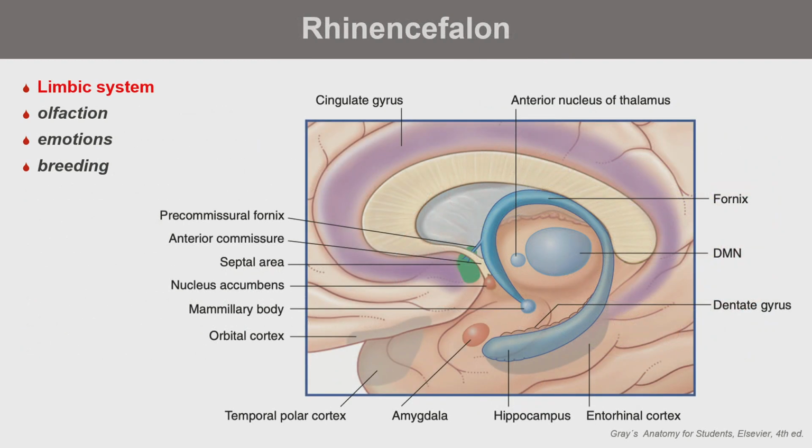What is the limbic system? The limbic system is associated with the rhinencephalon, and the rhinencephalon, you know, is an archaic part of the central nervous system, which in evolution was the first system able to create some memory imprint according to the chemical information from outside.